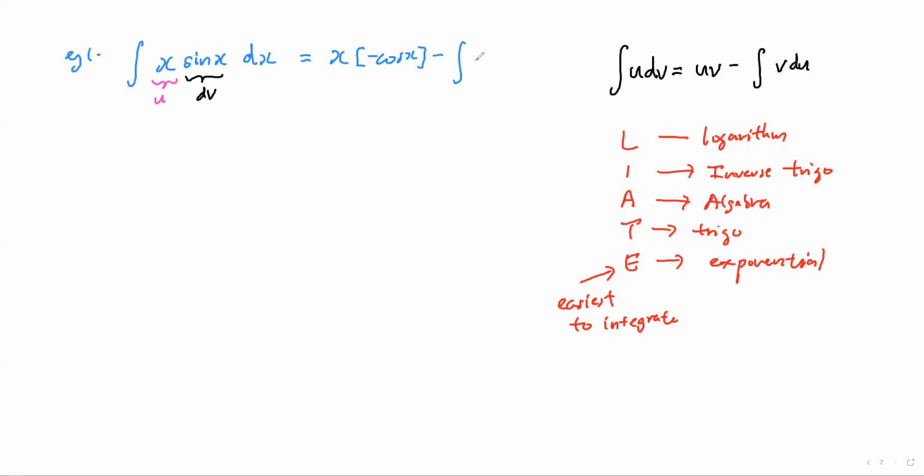So du is the derivative of x, which is just 1, and v is again negative cosine x, so I'm going to neutralize the negative here. This will become a plus sine x. Remember to put the dx here. If you simplify this, you're going to get negative x cosine x plus the integral of cosine, which is sine.